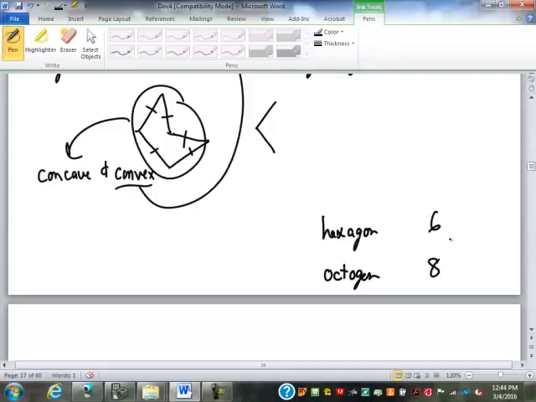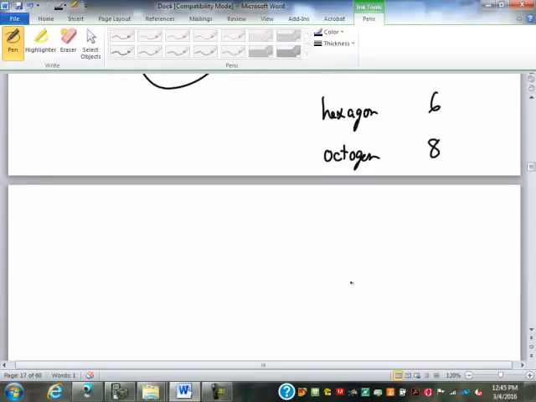Occasionally run into a 10-sided one, which is decagon. Deca is 10. Dodeca is 12. But realistically for us, we're not going to worry about working with anything really past the octagon.